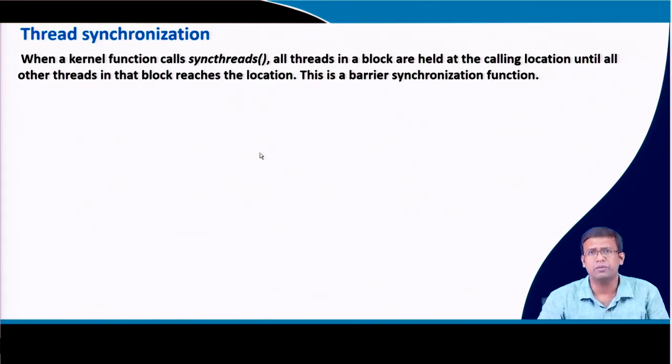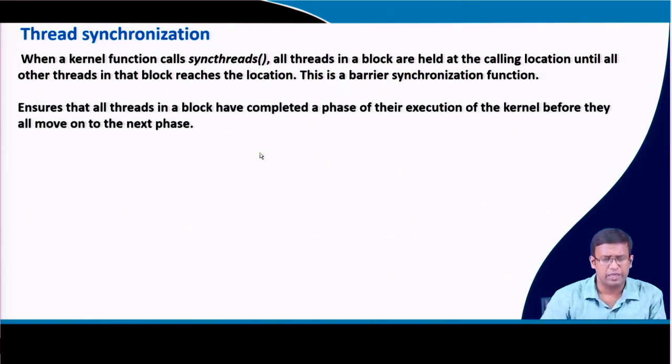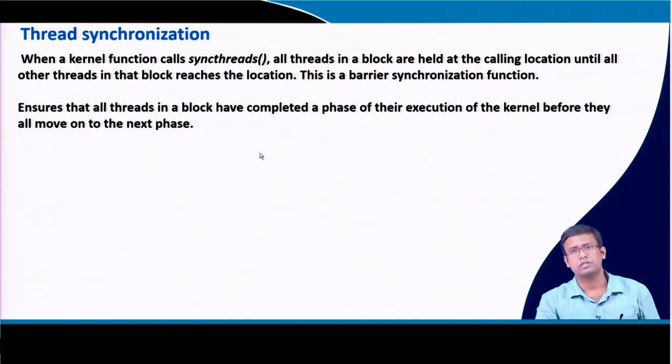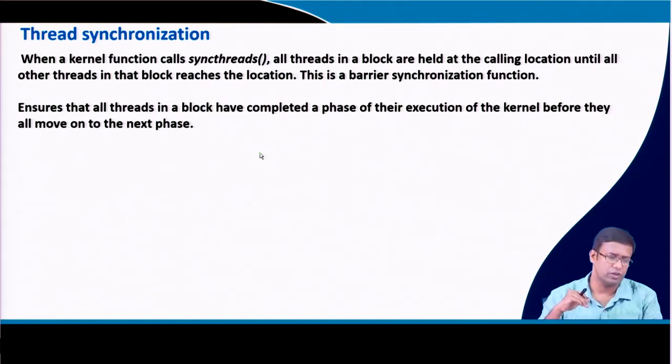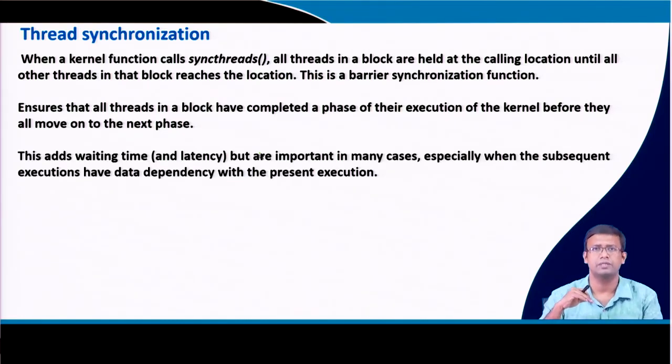So many times you need to put a barrier, and syncthreads is a synchronization command. It ensures that all the threads in that particular block have completed that phase of execution. Where you have put syncthreads, up to that point all the threads in the block have completed. That means though you are scheduling at the warp level, all the warps wait till all the threads in the block have finished that particular job, and then the control can go to the next step, and the next executions can be started.